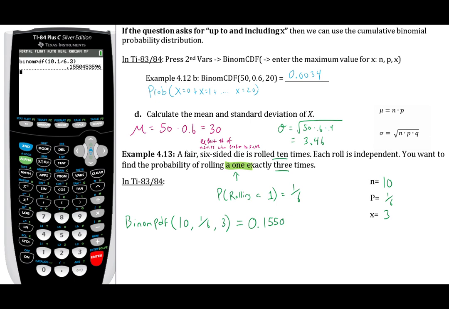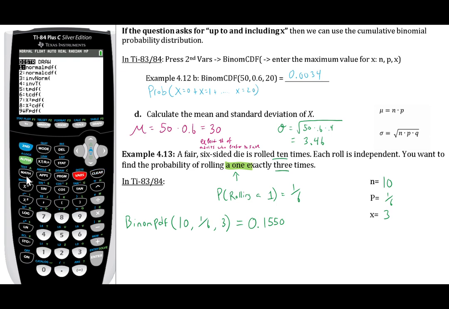All right, so that's how we calculate binomial probabilities, both for exact values and for cumulative values. The one thing I did not show earlier was how to get to the binomial CDF quickly. If we wanted to get to the binomial CDF quickly, we could hit second vars and then hit alpha B, which is above apps. So again, if we wanted to do this, we quit, clear, hit second vars.